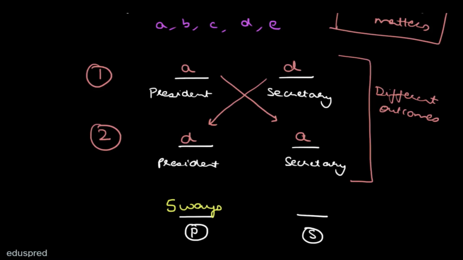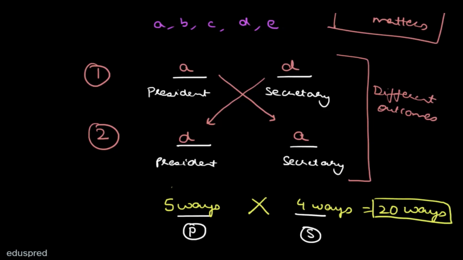After one of these representatives becomes a president, we are left with 4 representatives who can take the place of secretary. So there are 4 ways to fill this slot. And we have to choose a president and a secretary, so this is 5 ways multiplied by 4 ways, which is equal to 20 ways. So the answer is 20 ways.